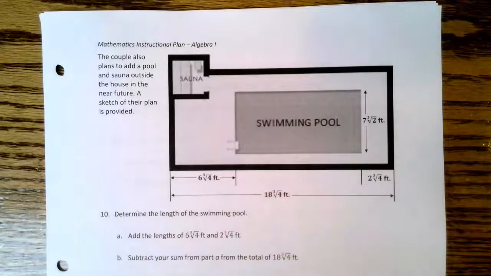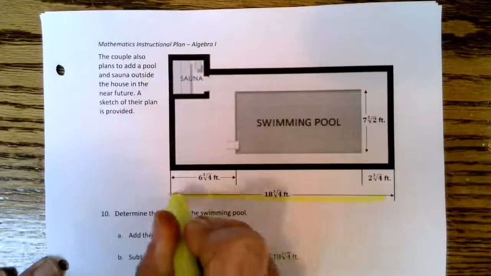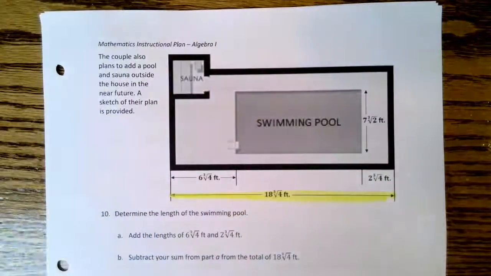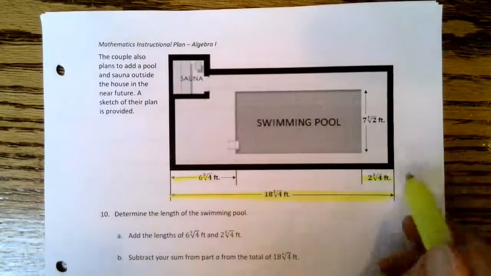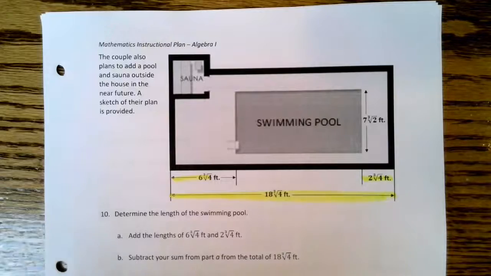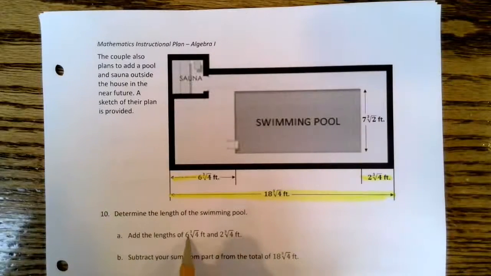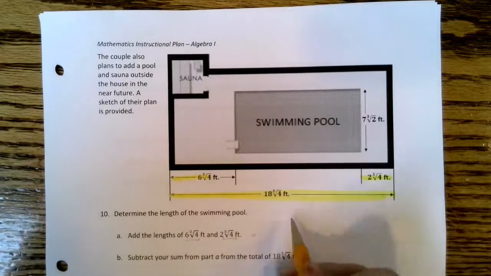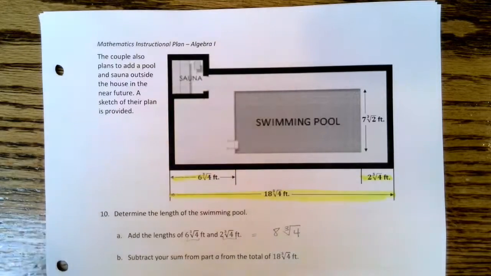So if I know that the entire deck is going to be 18 times the cube root of 4, with this much space and this much space before and after, my first step is going to be to add these two lengths. So 6 cube roots of 4 plus 2 cube roots of 4 is going to be equal to 8 cube roots of 4.